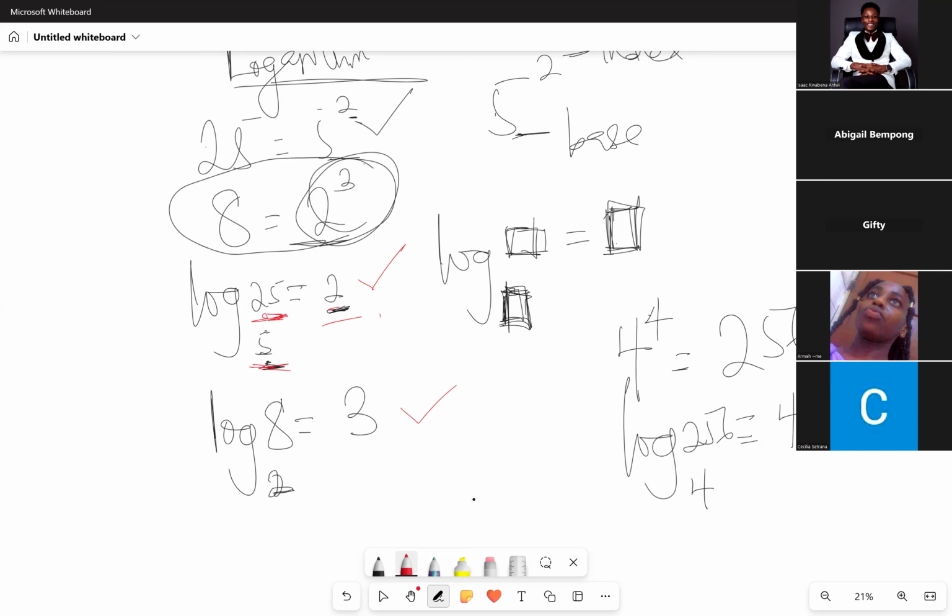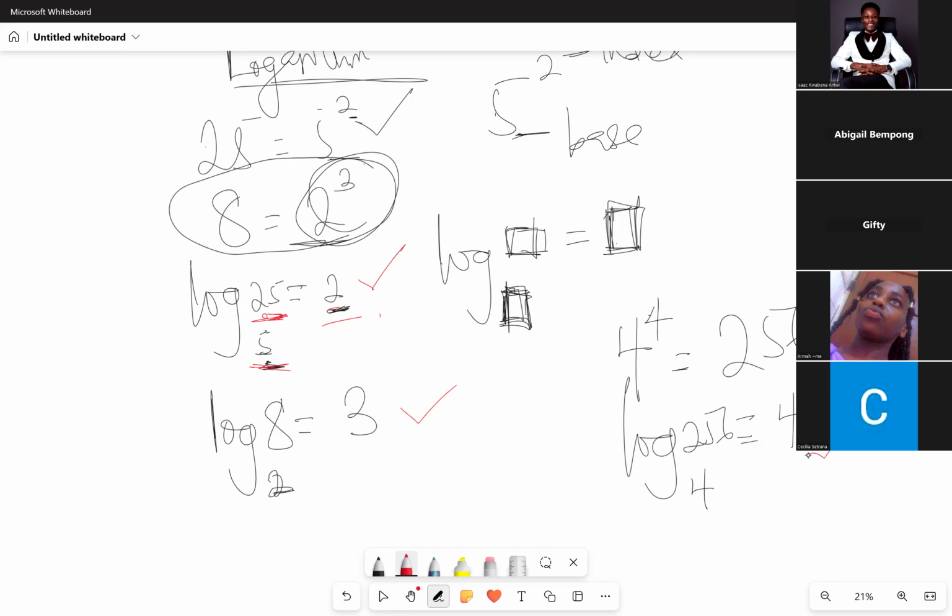The logarithm of 8 with the base 2 is 3. How about this one? The logarithm of 256 base 4 is 4.